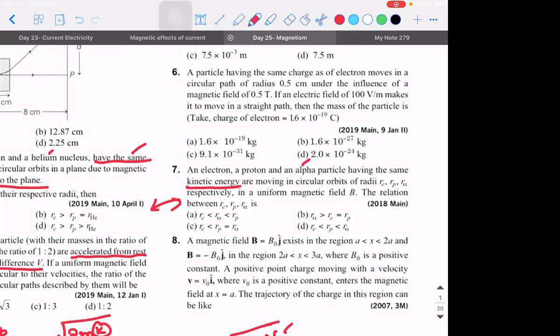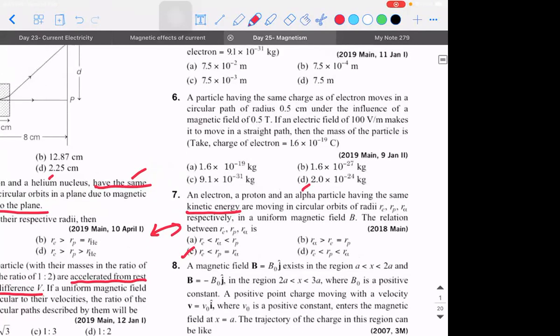So Rp is equal to R alpha greater than Re. That is the answer. That is right. Printing mistake. Guys, satisfied? Convinced, right? Yes, sir. Okay.